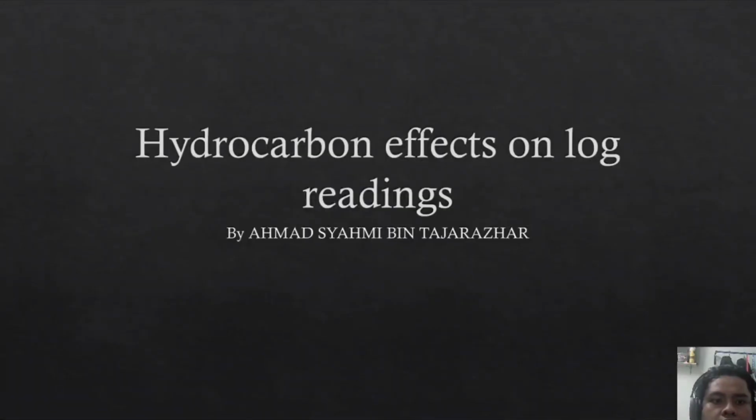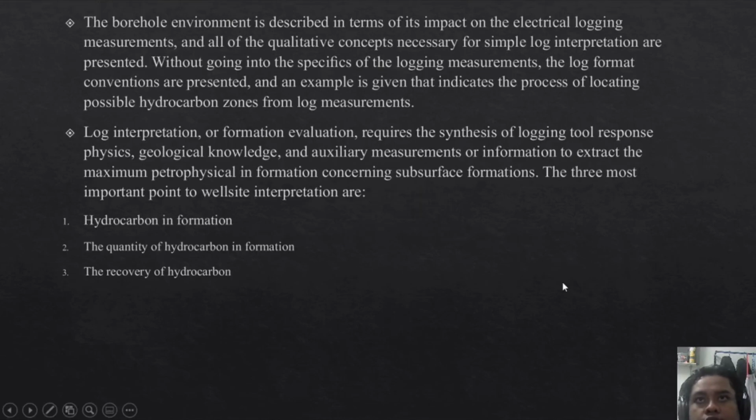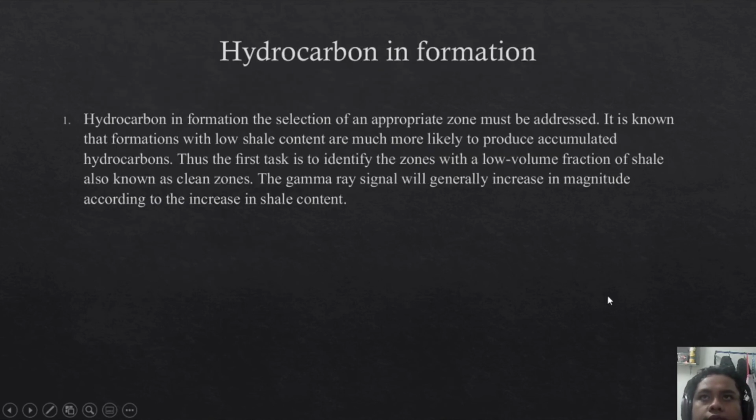For the hydrocarbon effects on log readings, this is a statement of basically the three most important points to well site interpretation: hydrocarbon formation, the quantity of hydrocarbon formation, and the recovery of hydrocarbon itself. For hydrocarbon formation, the selection of the appropriate zone must be addressed.